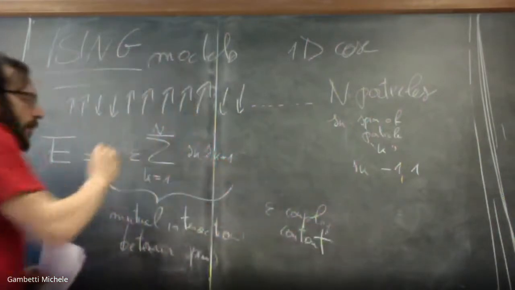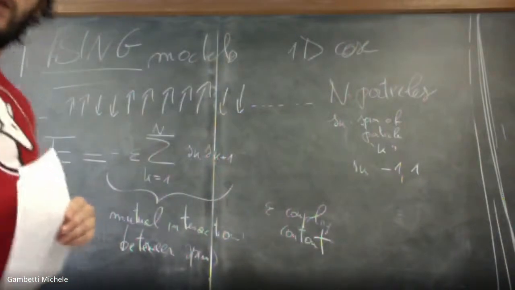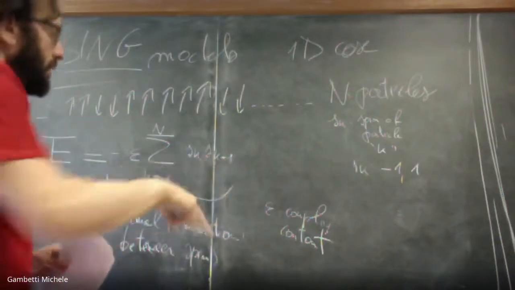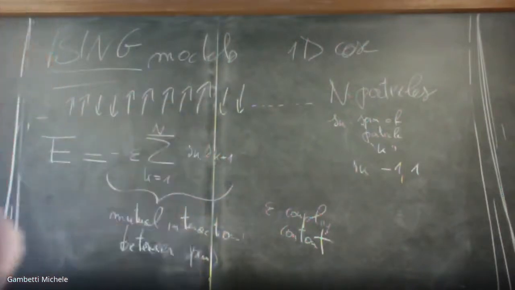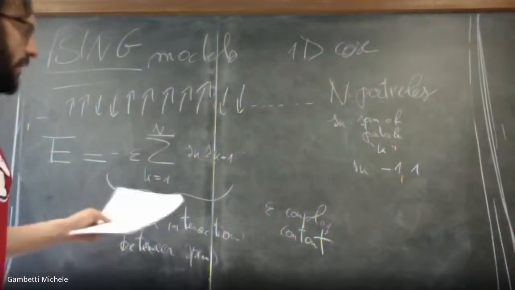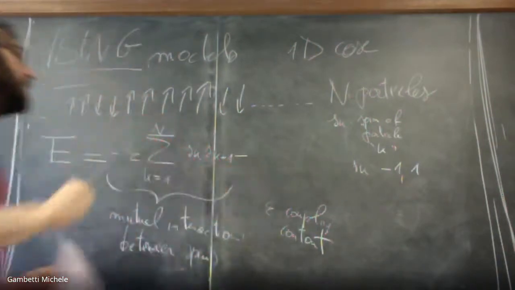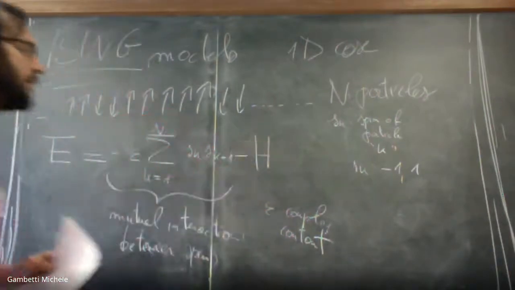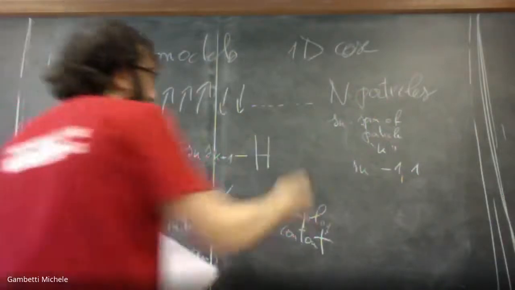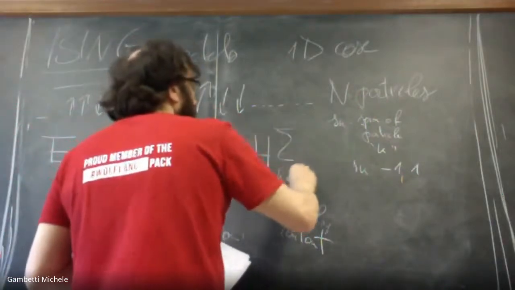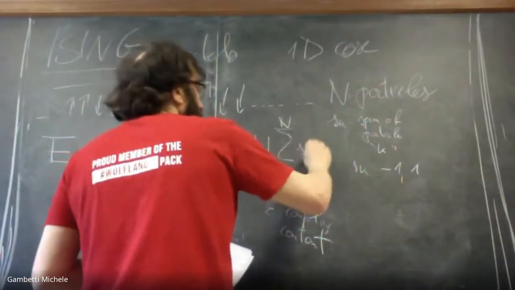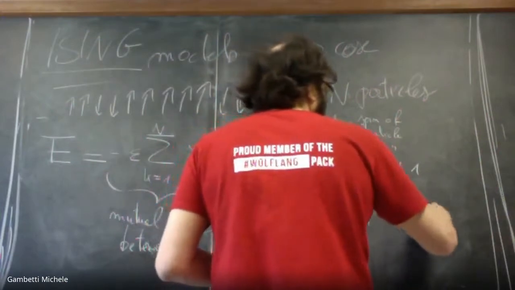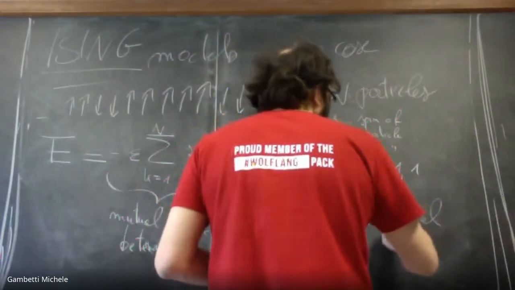The larger the coupling constant, the happier you are when 2 spins are pointing in the same direction. And of course, there is the possibility to include the interaction of spins with an external field, H, external magnetic field, which is just h s_k, where H is an external magnetic field.